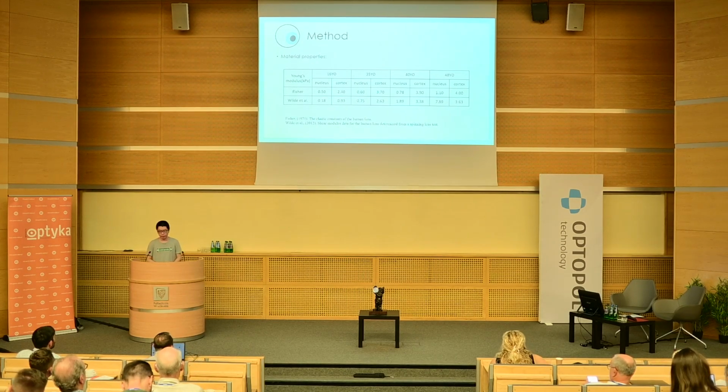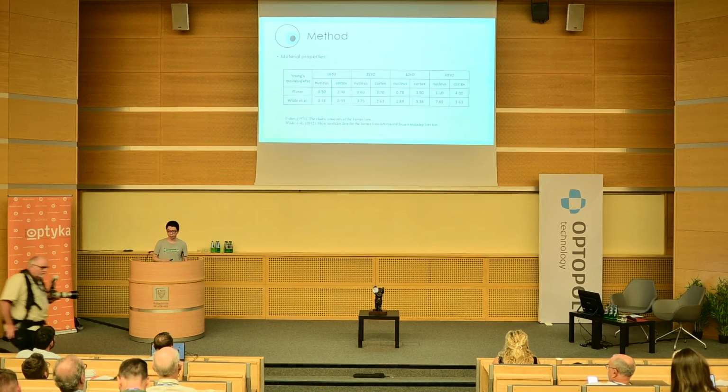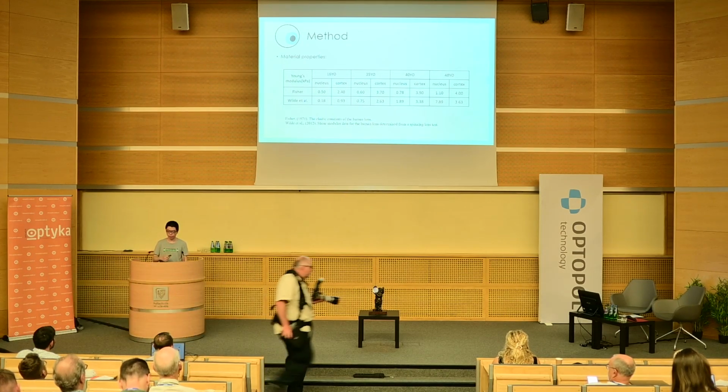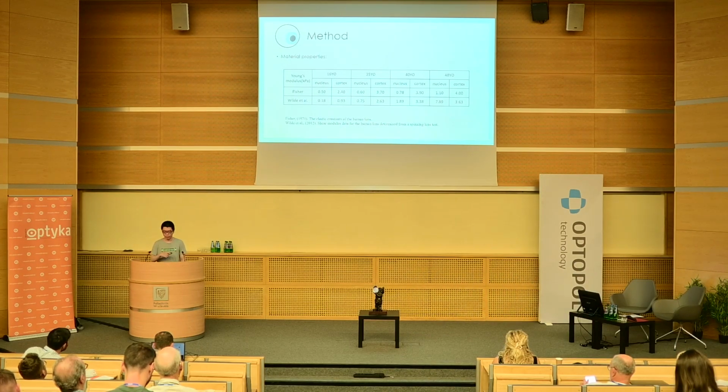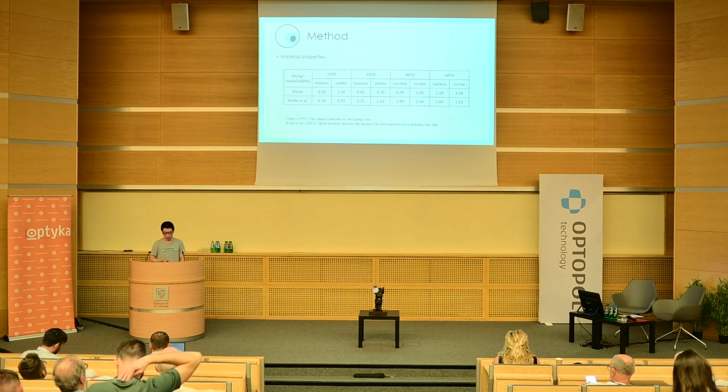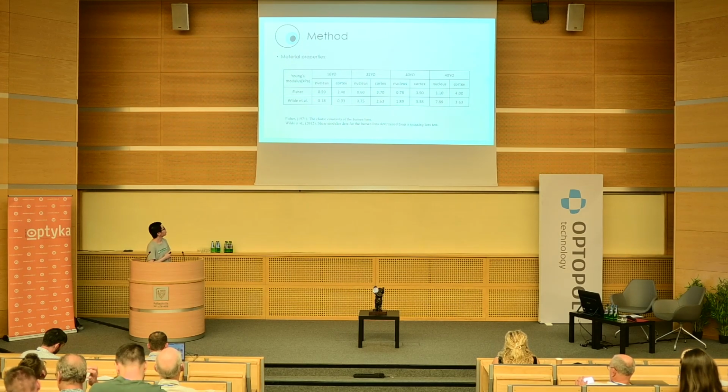To study the effect of the material property of the lens on simulation results, we selected two different lens material properties. The difference between the two material properties is reflected in the older lenses. In the data of Fisher, you can see the nuclear modulus is much smaller than the cortical modulus.